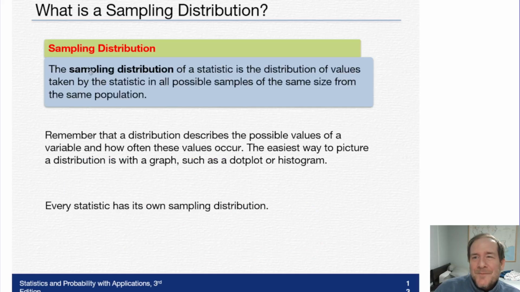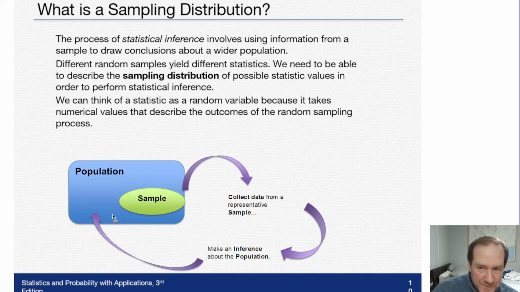All right. So the sampling distribution now is what I was stuttering over just a second ago, but I was about to get ahead of myself, so we'll do it right now. The sampling distribution of a statistic is the distribution of values taken by the statistic in all possible samples of the same size from the same population. So what I was about to say was that taking just one sample wouldn't be a very good idea because we know that samples have natural variability.